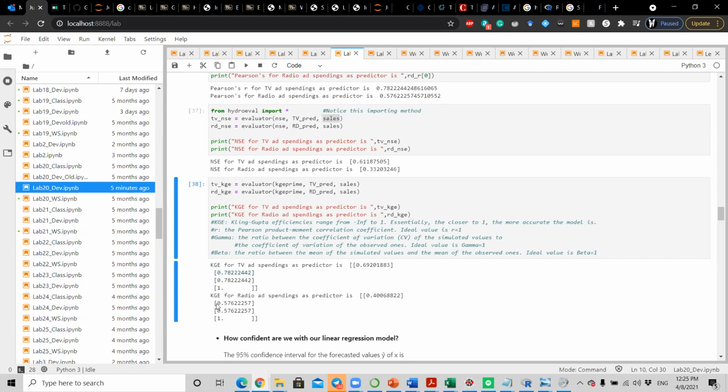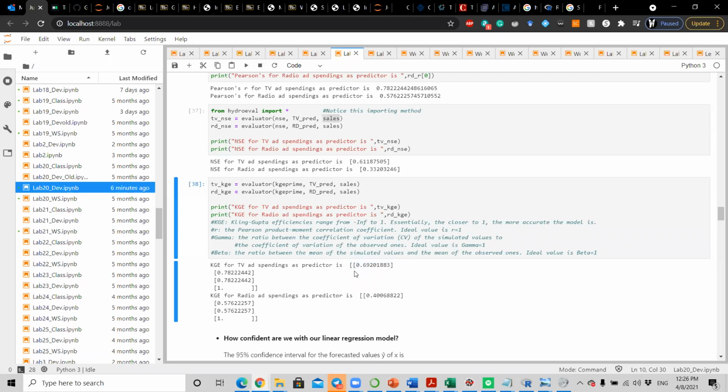So let's compare these values from the first model to the second model. In every single comparison, we are getting better numbers from the first model, except for bias, which for both of them is ideal. So you can either judge and compare models separately based on these metrics, or look at this overall grade, the KGE metric, which is calculated based on these three.